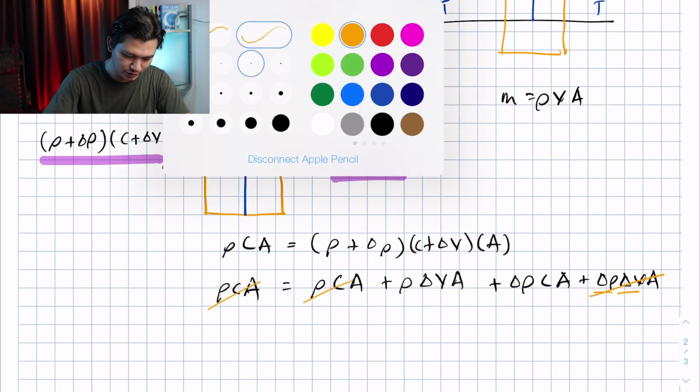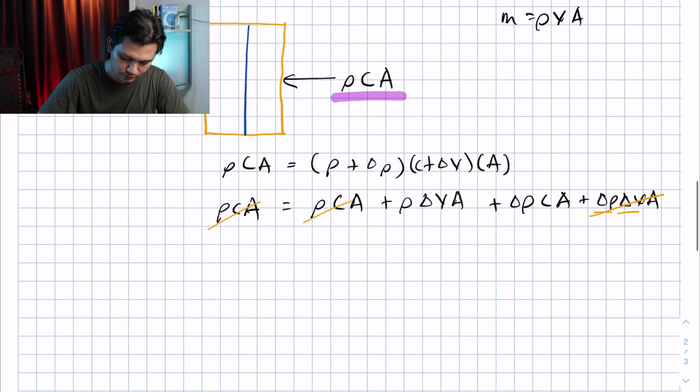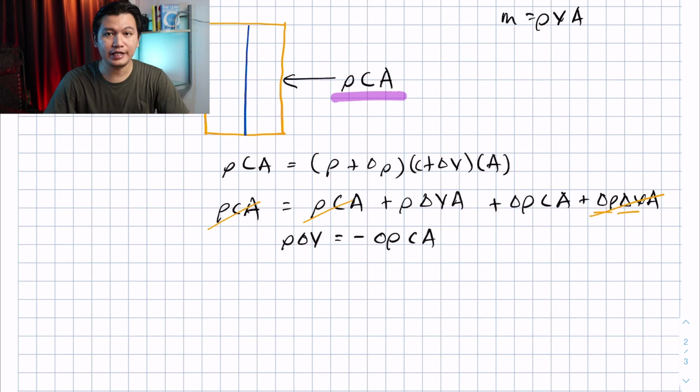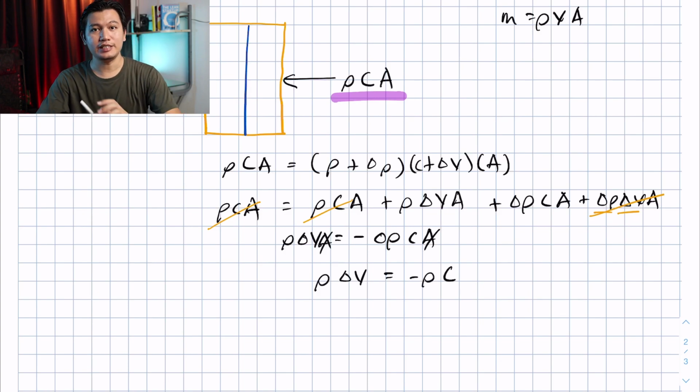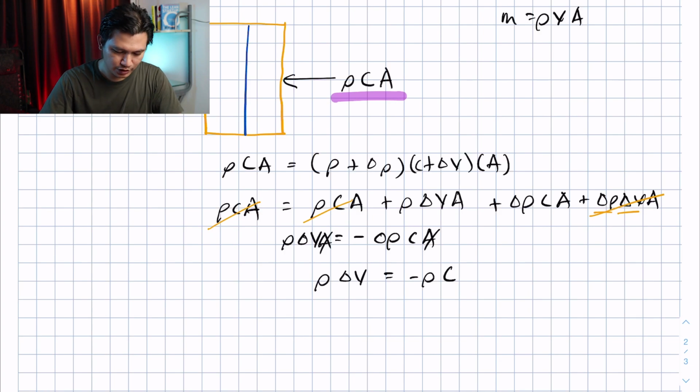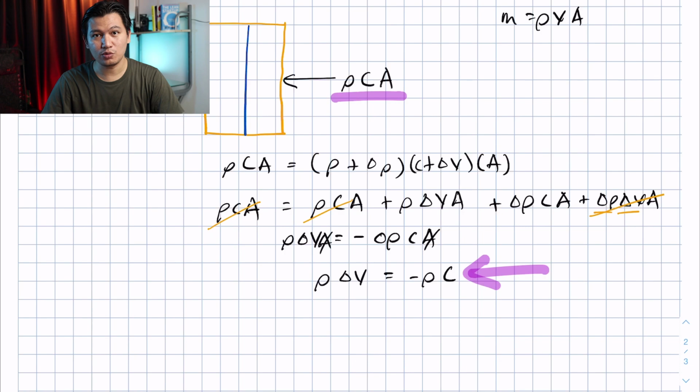And we end up with something quite simple, which is rho times delta v equal to minus delta rho times c times A. Sorry, and you can cancel A out. So this is rho delta v equal to minus delta rho times c. This is the equation that we get from the continuity equation from our control volume analysis.